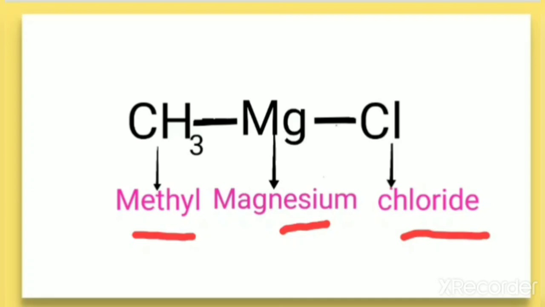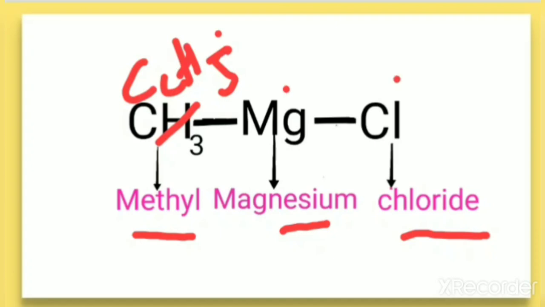Methyl magnesium bromide. If in the place of CH3 it is C2H5, then how do we name this one? C2H5MgCl, then the name will be ethyl magnesium chloride.